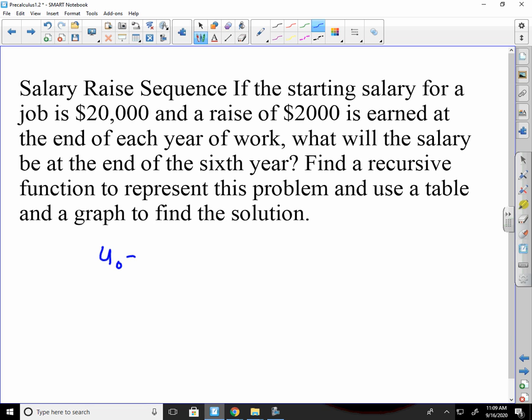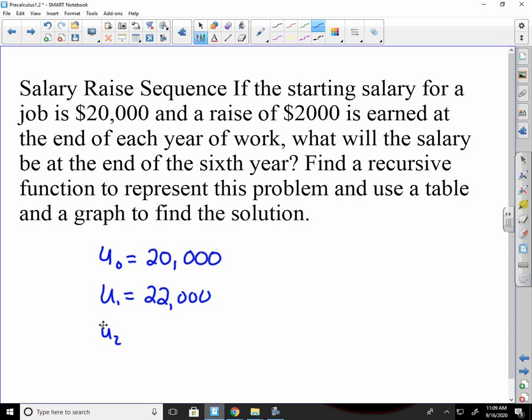So for the 0th year, or your entire first year until you get that raise, you're going to be making $20,000. So that's why you start at u sub 0, because that's your start day. You've worked there 0 years at the start. U sub 1 would equal 20,000 plus the 2,000, so 22,000.